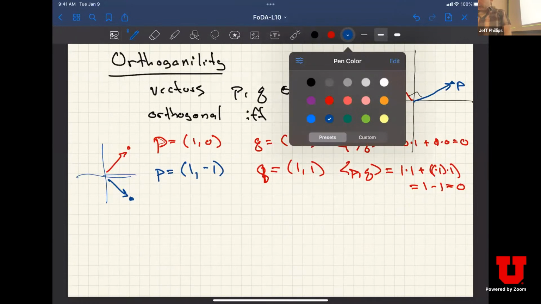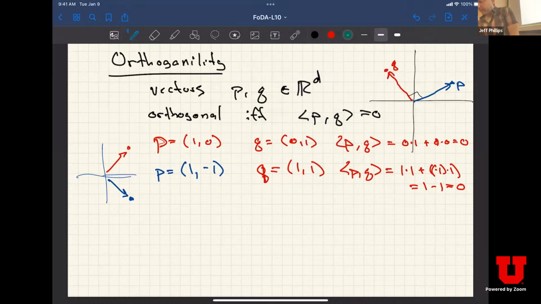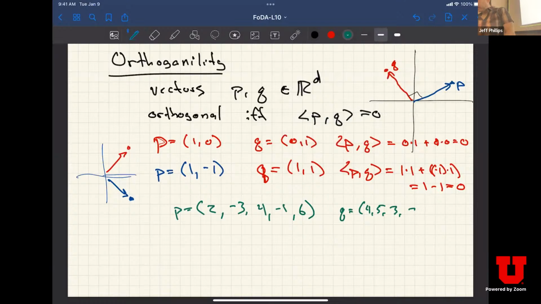Right. So let's say that P is equal to, here's a more complicated example from the book, (-1, 6) and Q is equal to (4, 5, 3, -7, 2).